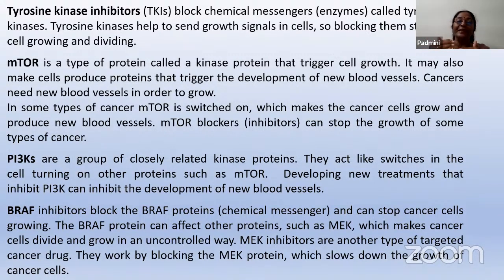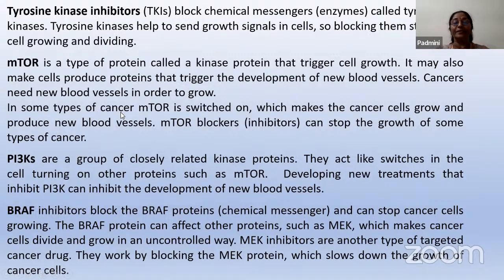You're going to give a signal to stop the cells from growing. So blocking them will lead to a reduction in cell growing and divisions. mTOR is a type of kinase protein that triggers cell growth. It produces proteins that trigger the development of new blood vessels, and cancer needs new blood vessels in order to grow.